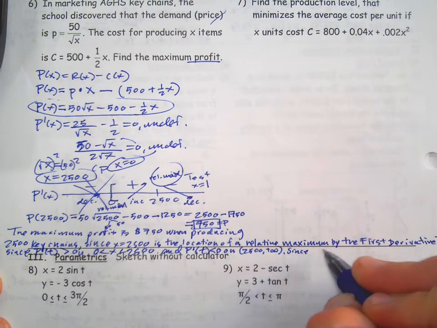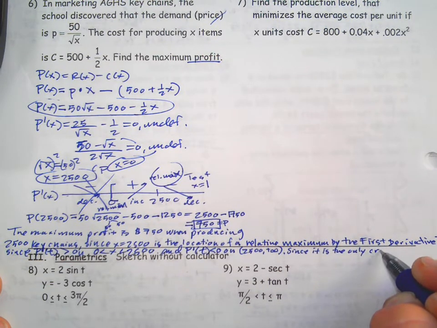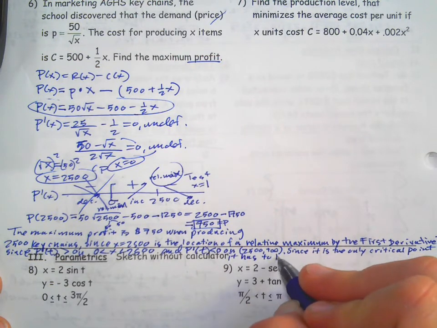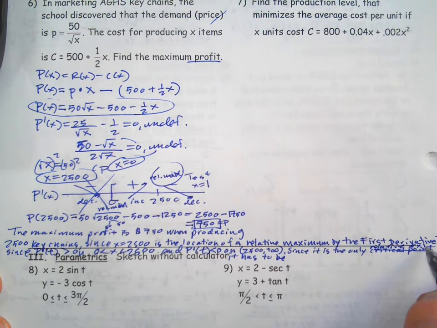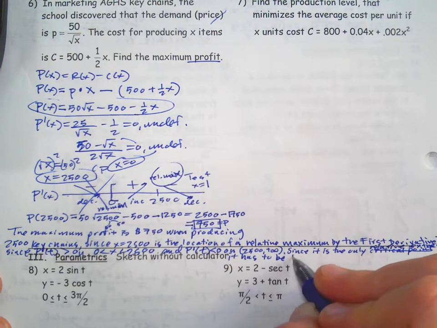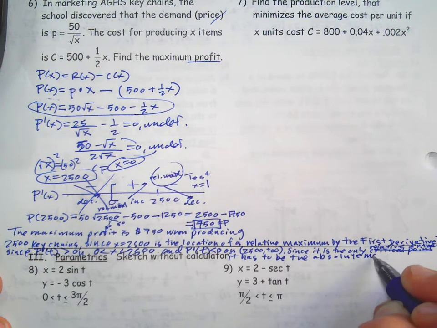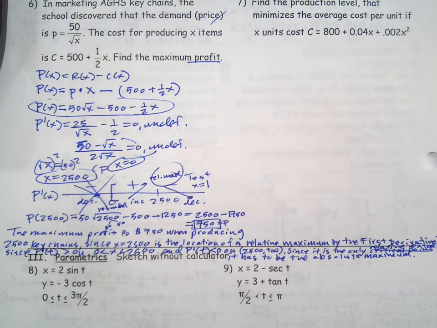Since it is the only critical point, the only relative extrema has to be the absolute maximum, something like that. This is why we don't use the first derivative test if at all possible, especially if you have to justify. One, it doesn't work most of the time. Two, if it does work, justifying it is a lot of work.